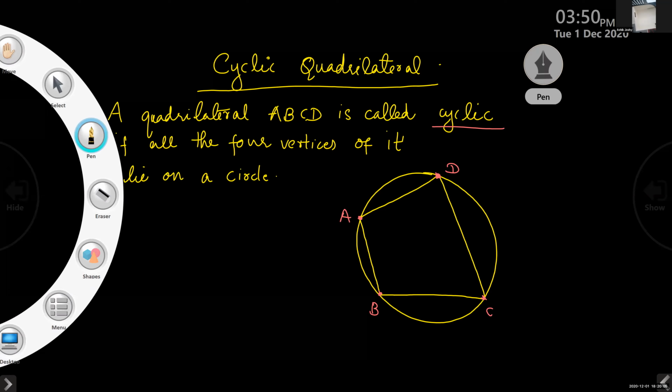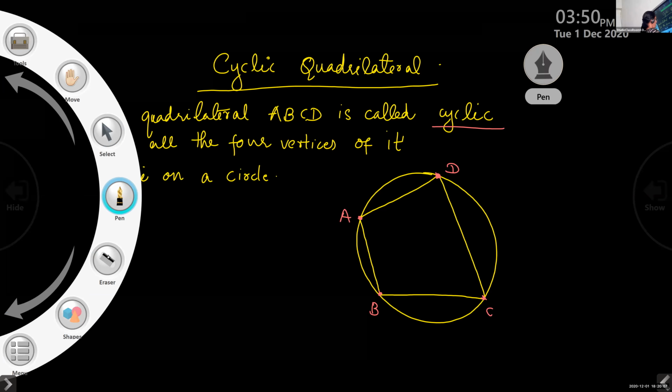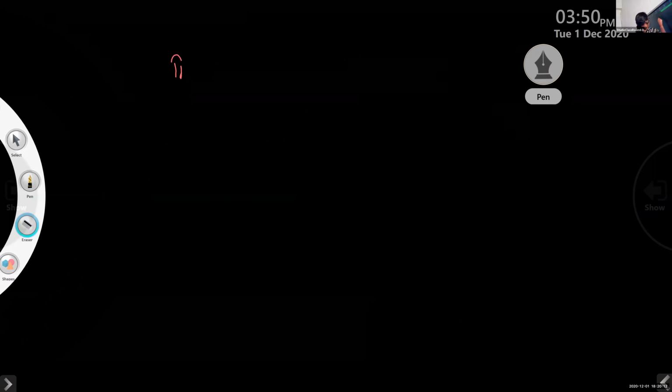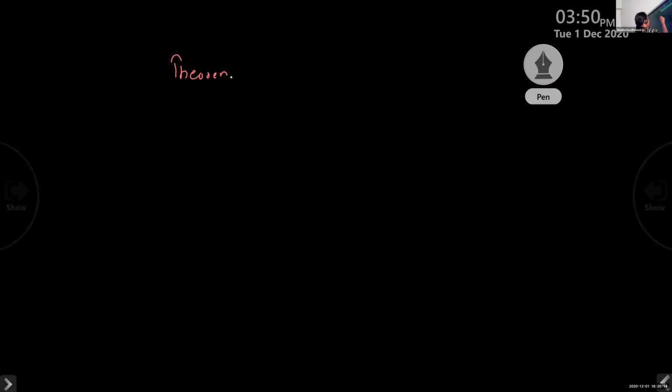Yes, ma'am. And next one is based on the cyclic quadrilateral. Next theorem is theorem 11. In between, theorem 10 is there. That is not there for you. It is not relevant. Okay, children. It is theorem 11 based on cyclic quadrilateral.